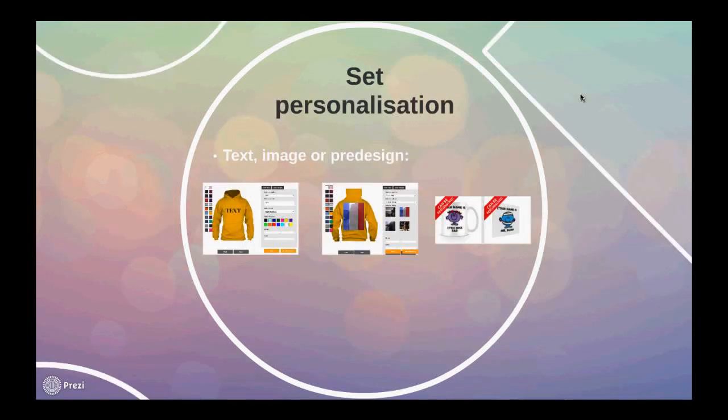What you can do also with our personalization app is, of course, setting the personalization type. As I told you before, you can have a text area, like here on these shirts. You can have an image area.